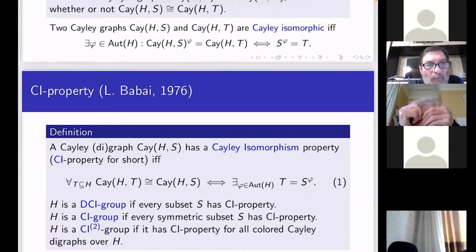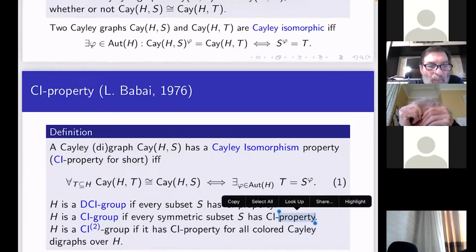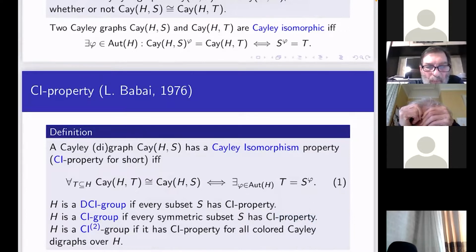It is called a CI group if every symmetric subset satisfies the CI property. That means a CI group has the Cayley isomorphism property only for undirected graphs. And we say that H is a CI2 group, meaning that it has the Cayley isomorphism property for colored Cayley digraphs.